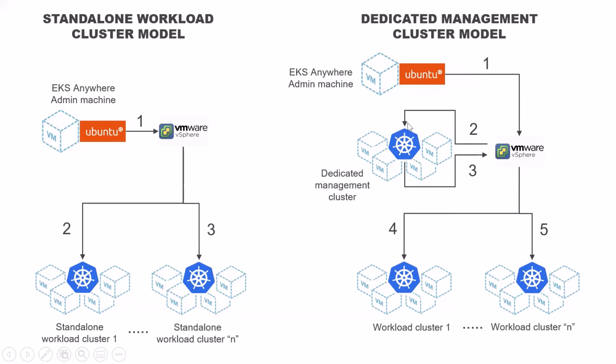So now when you do a follow-up task after creating a cluster, like scaling of the cluster, how do you actually communicate? Let's say you issue the upgrade cluster command.